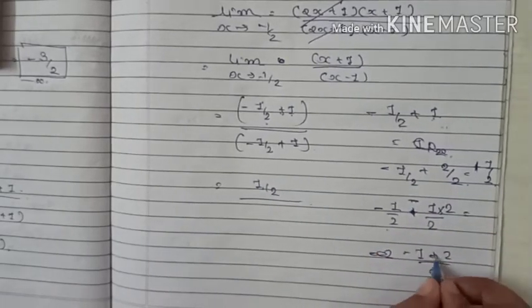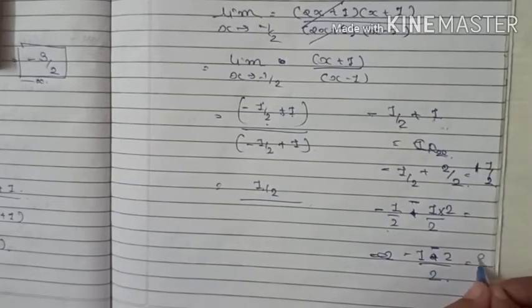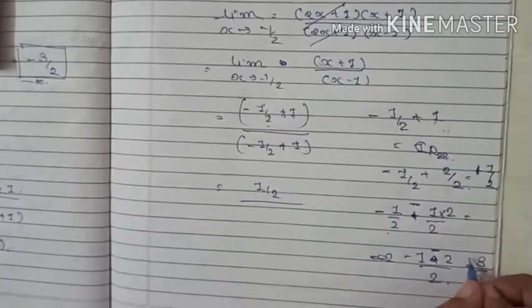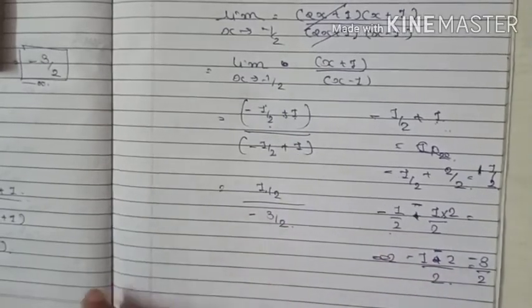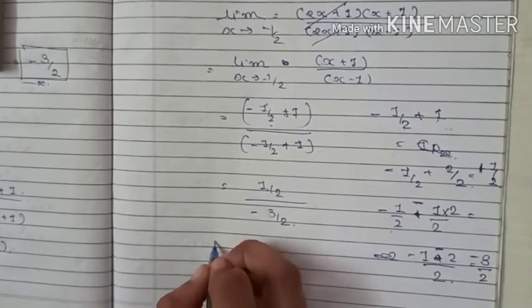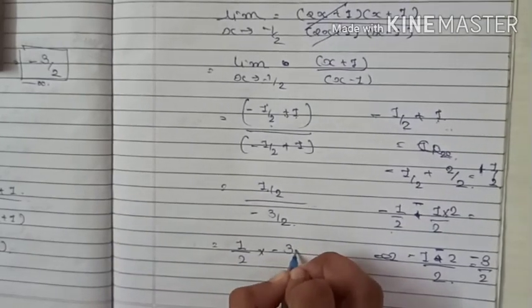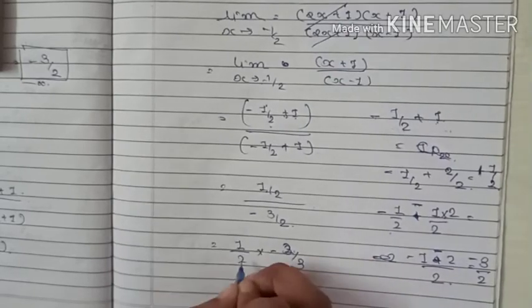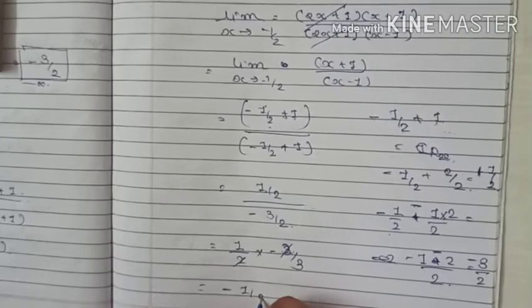So it will become minus 1 minus 2, minus 3 by 2. Denominator came into the numerator. So we can solve like this, 1 by 2 into minus 2 by 3. 2 will cut. We get the answer minus 1 by 3.